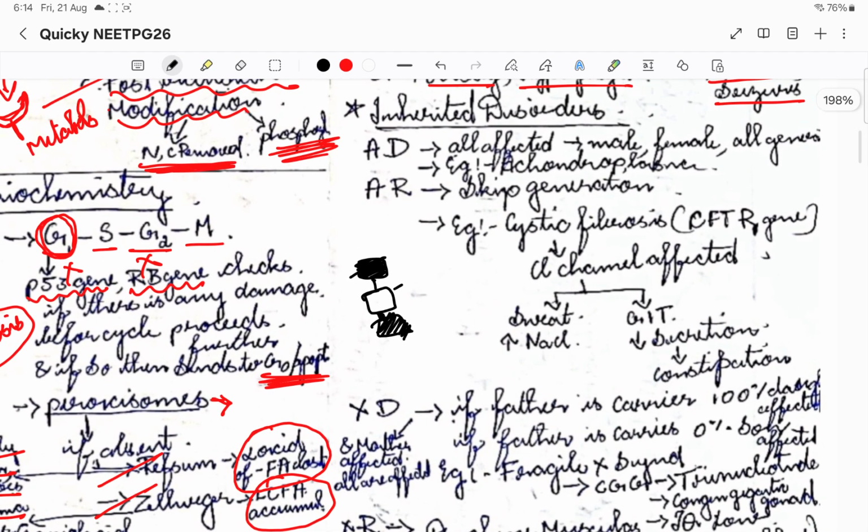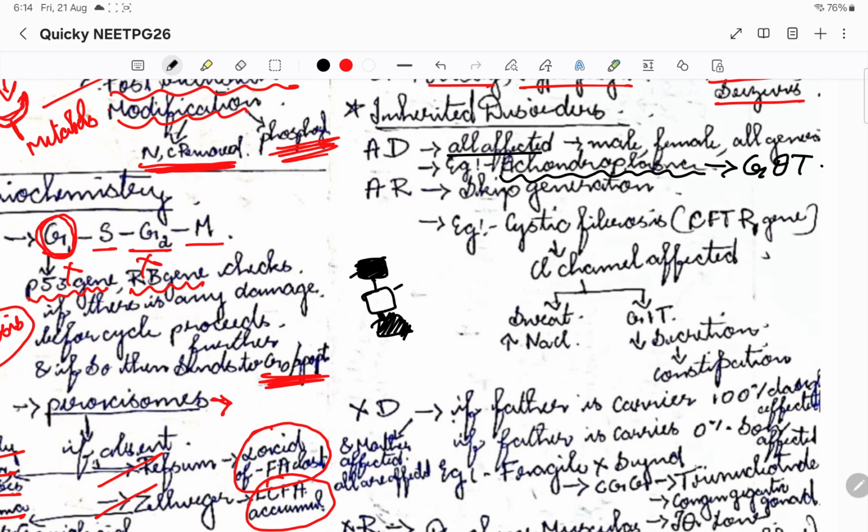Then autosomal dominant: here all are affected, as I was telling. It is not about male or female. All sexes will be affected, males and females, everyone basically, in autosomal dominant. One of the best examples is achondroplasia. Remember achondroplasia, Peter Dinklage from GOT. I told you about this in orthopedics.